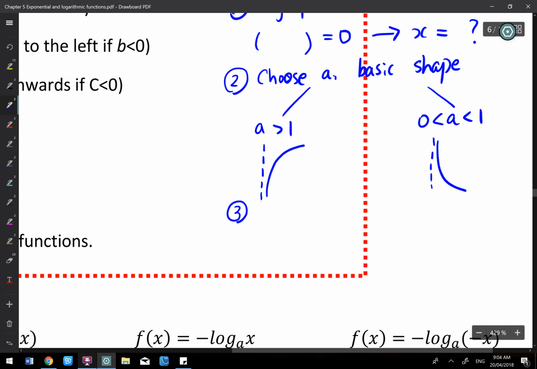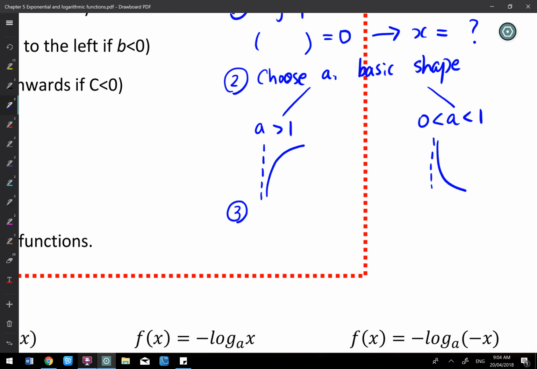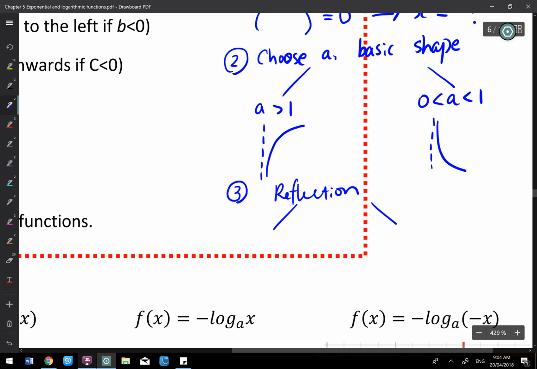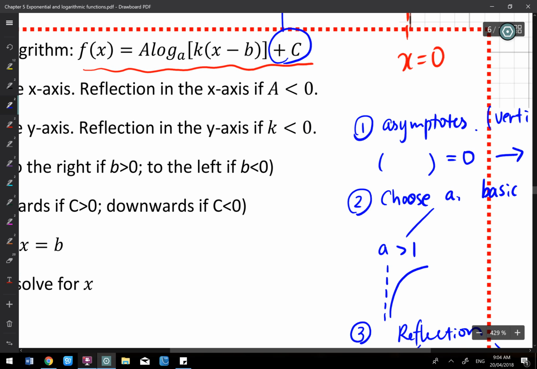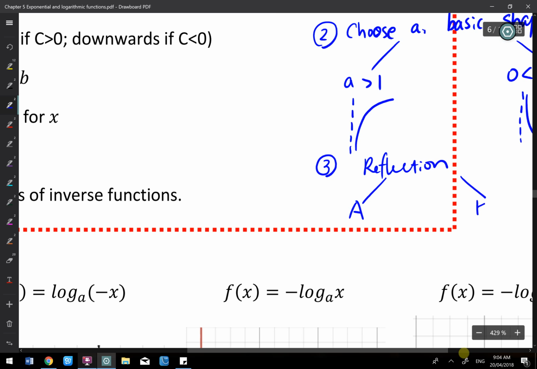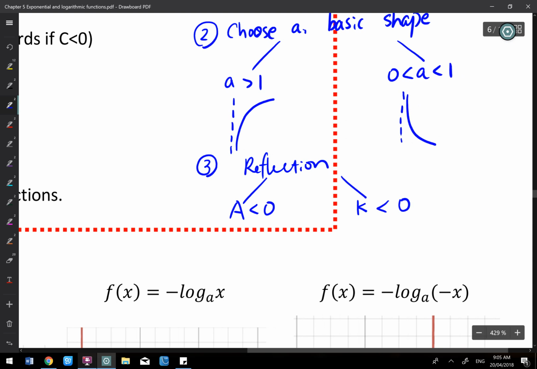Okay, number 3 is see the reflection. Still have two reflections. The reflection will be the a value and the k value, where k is the coefficient of x.